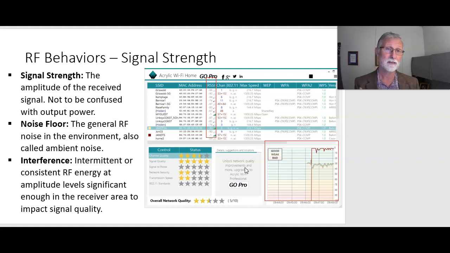Now, the other case is signal to interference ratio, and that's SINR, signal to interference plus noise ratio. It's the signal strength, noise floor, and interference. If a generator kicks in and sends a burst of RF energy, you've got to make sure that you're above your interference level.